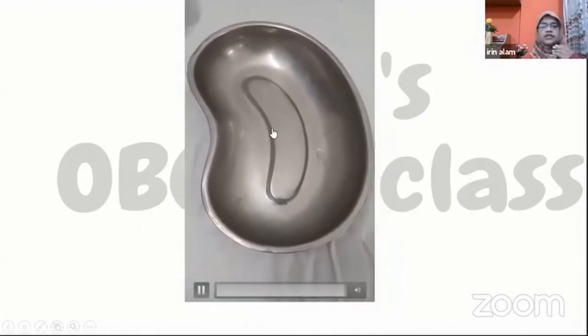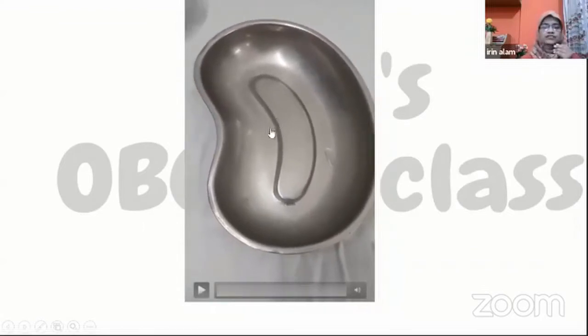After cesarean section, we can put the placenta here. And during abdominal hysterectomy or any ovarian tumor operation, we can keep the operated material here. So this is the kidney tray.